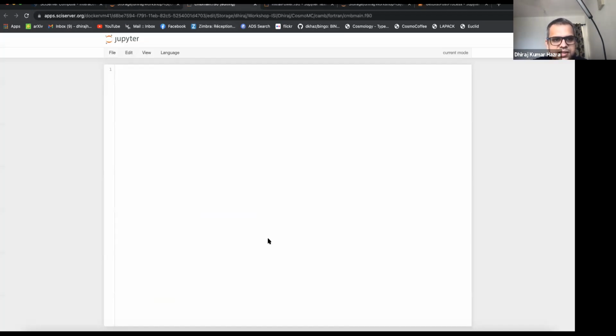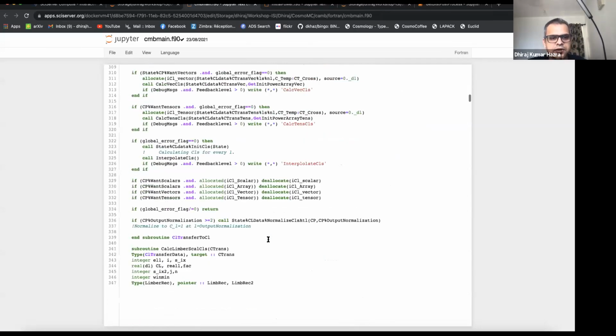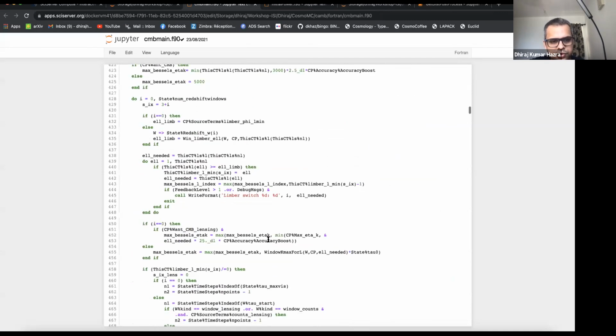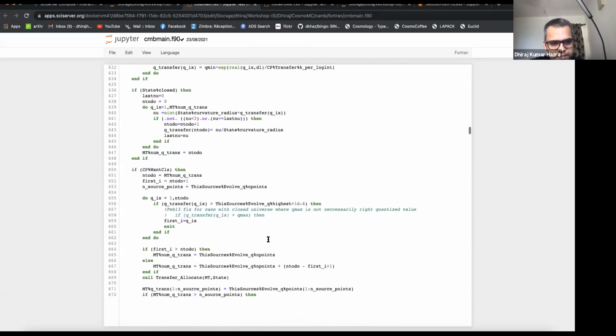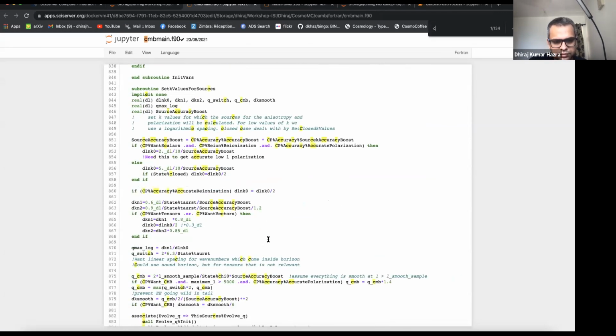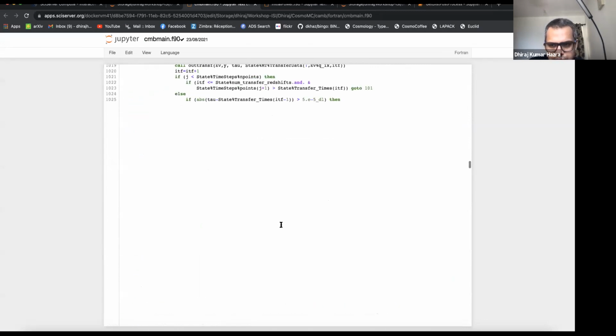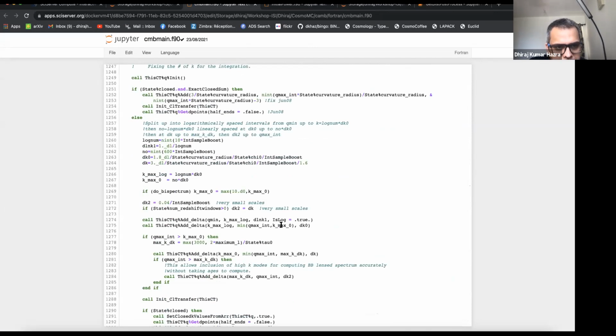Now let me open this CMB main.f90. Please open CMB main.f90, where I'm going to show you where the convolution is being done.